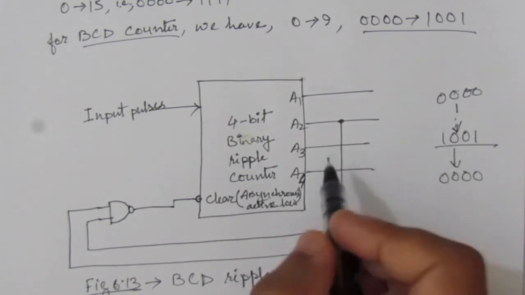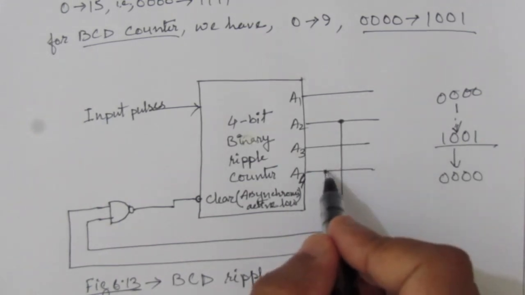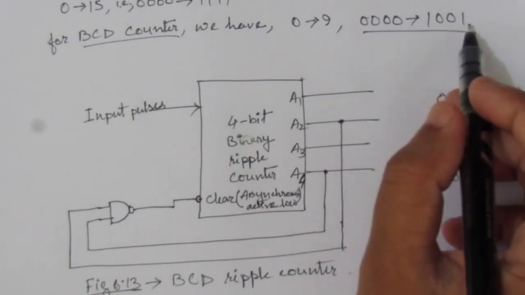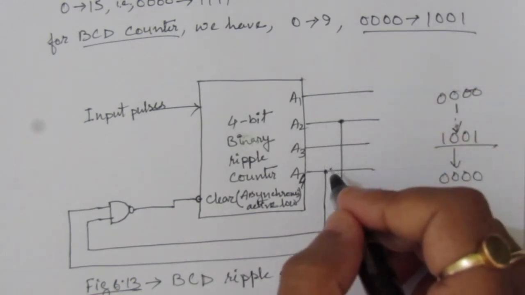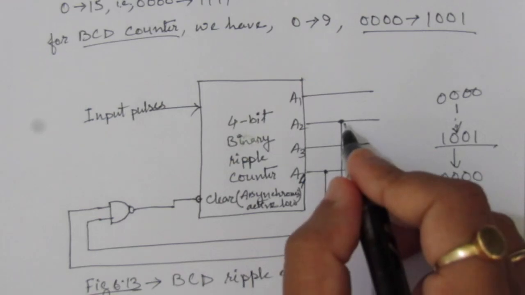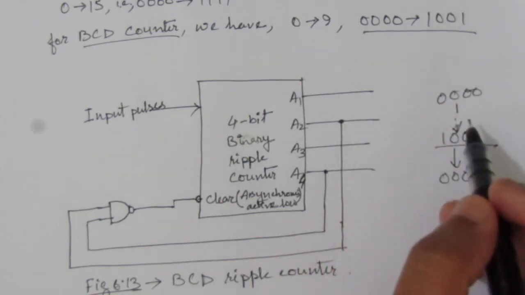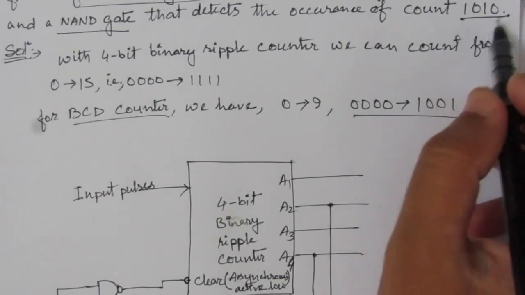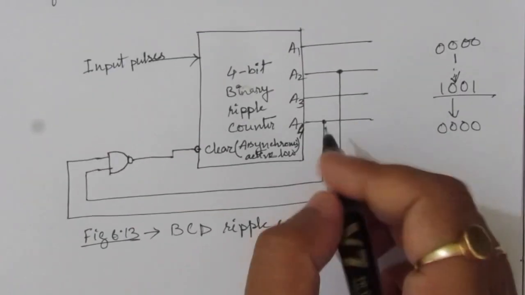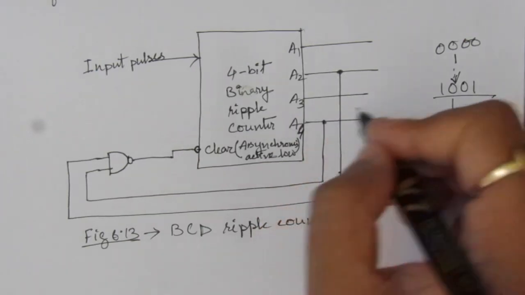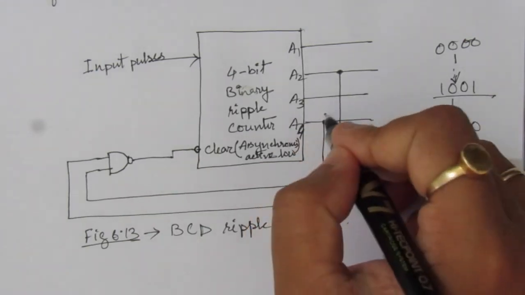We have connected from A4 and A2 because up to 1001 we are not getting 1 and 1 at the same time. With the arrival of the first 1010, the outputs A4 and A2 are 1 and 1, because in 1010 this is the MSB.